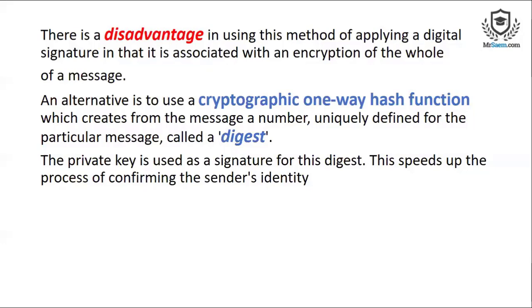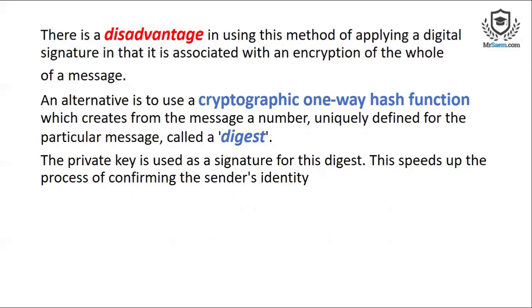Now, if every message is given a unique number, it could act as a pointer, and this will help us to increase the processing. So this digest, which is attached to the message, makes it easy for that particular message to be decrypted. Private key is used as signature for this digest. This speeds up the process of confirming the sender identity. So overall, they had to speed it up.